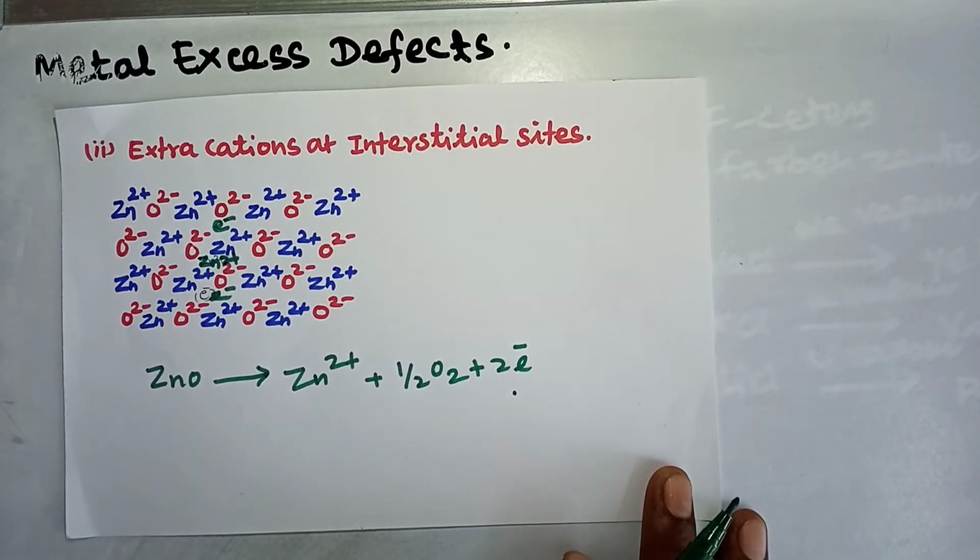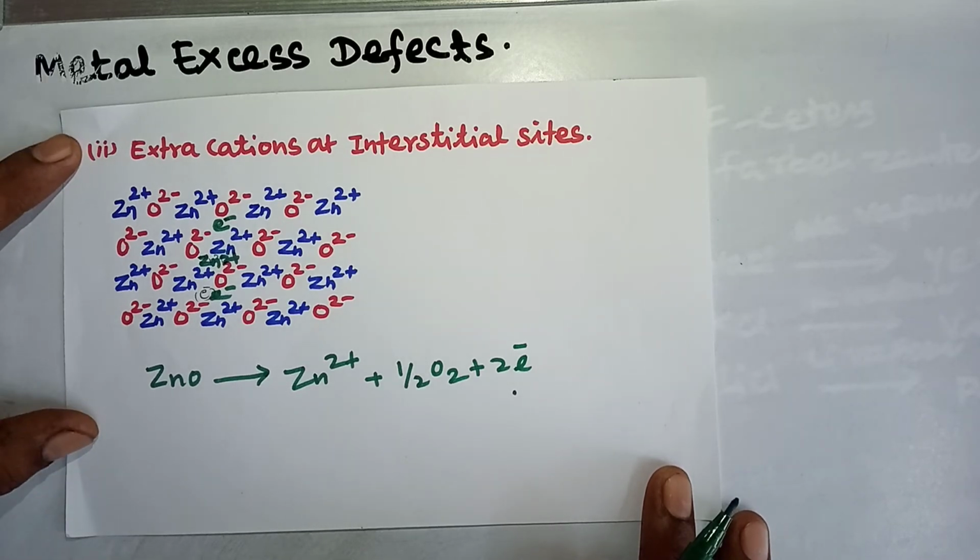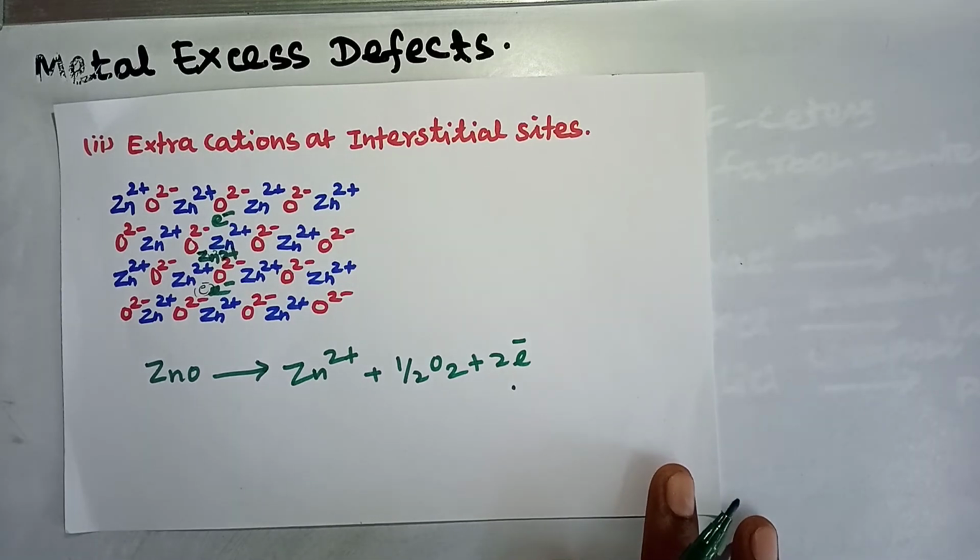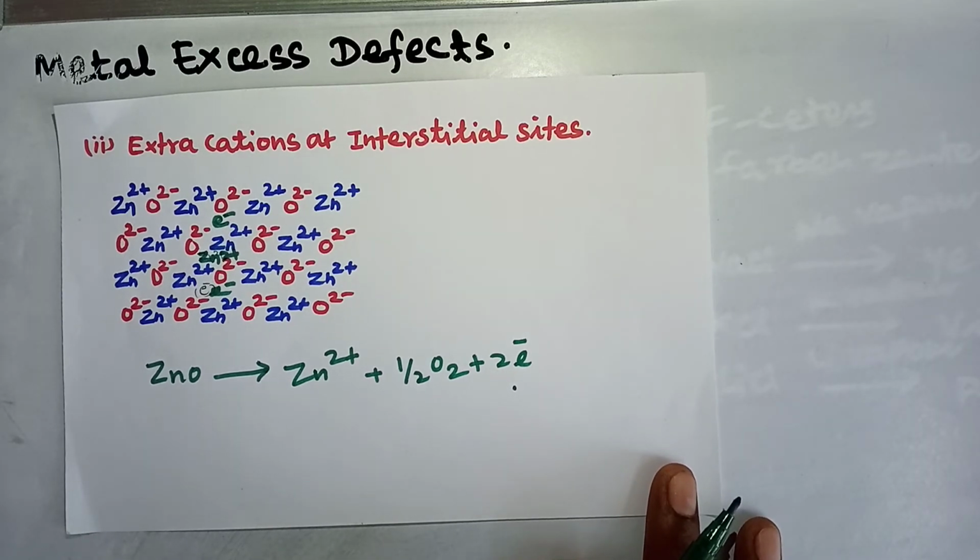So when heating the zinc oxide, it gives yellow color due to the excess of cations and electrons present at interstitial sites.